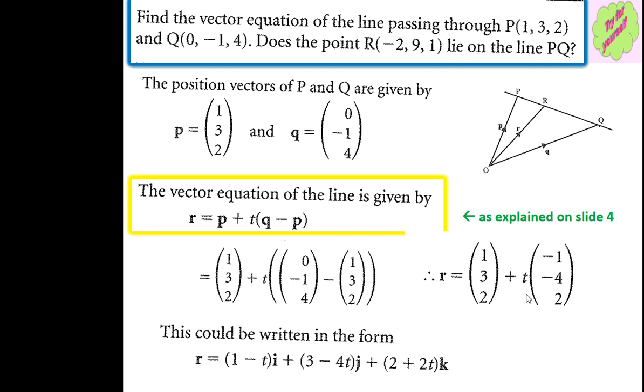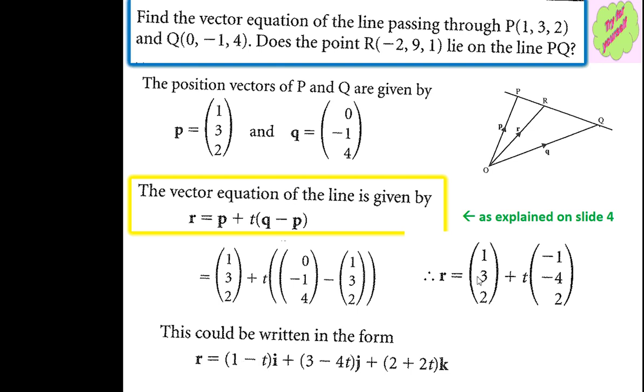Alternatively, this is in column vector form for the vector equation of a line, just pointing out that you can also rewrite this in ijk form. That's possible too. So how would you do that? r equals ijk. How did we get this? Basically, you're expanding this bit. If you times a t in here, you've got 1 plus -1t, which is 1 minus t.